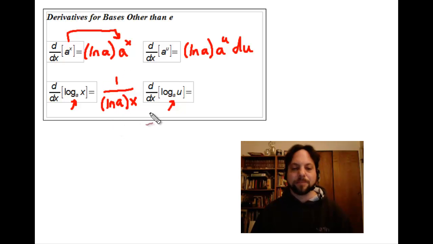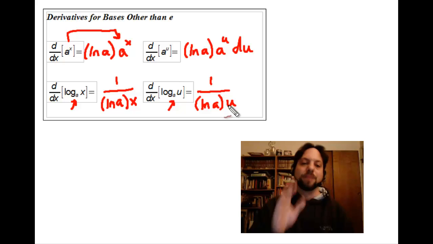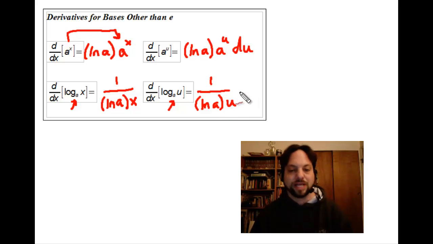So no big deal there. And this, you can probably suspect, is going to be something very, very similar. We're going to have 1 divided by the natural log of the base again, multiplied by the function u. But then, again, because of the chain rule, we do need to multiply this by du. I could write the du out here, but just for the sake of keeping it pretty, I'm just going to throw the du on top.